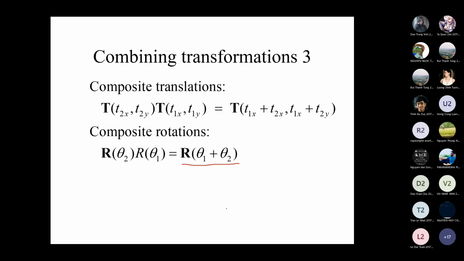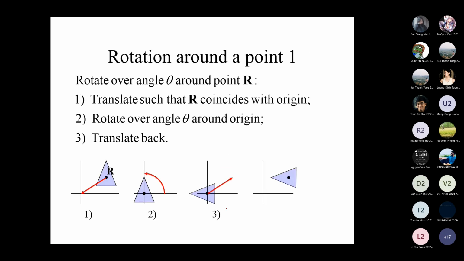And now if we have rotation around one point, for example, here we rotate over the angle of theta around the point R, and R here does not coincide with the origin of the coordinate system. So in this case, we must do 3 steps.